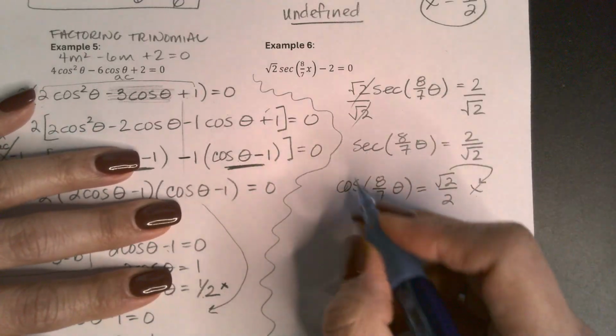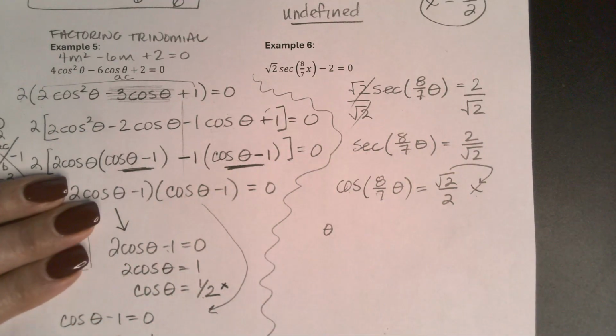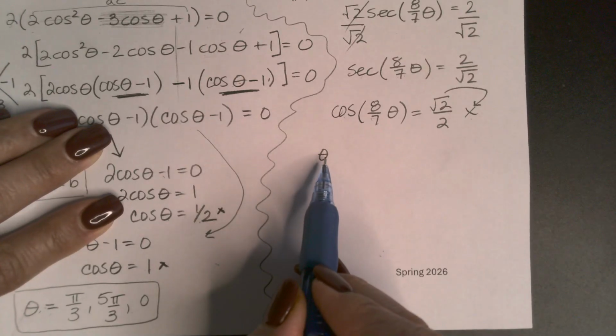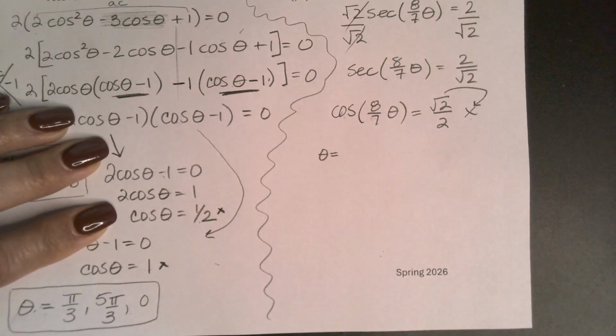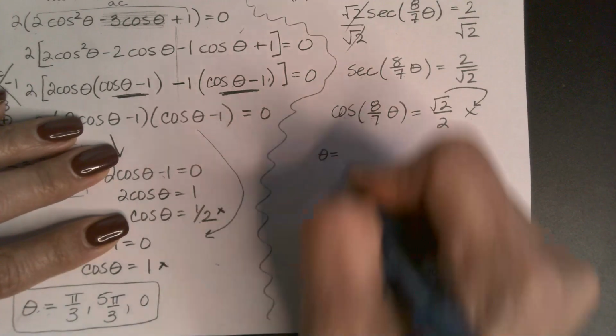So I am going to write, usually what you've been doing is writing theta equals. Here, instead of saying theta equals, and let me write down those two numbers again. They were pi over 4 and 7 pi over 4.